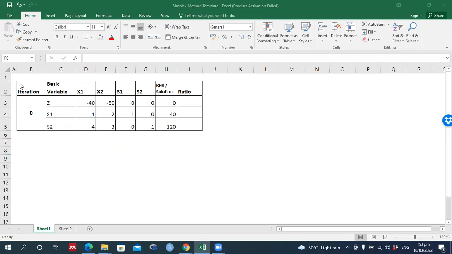So when you take the Simplex Method tableau like this, there are some basic things that you need to know. We have something called pivot column, we have something called pivot row, we have entry variables.